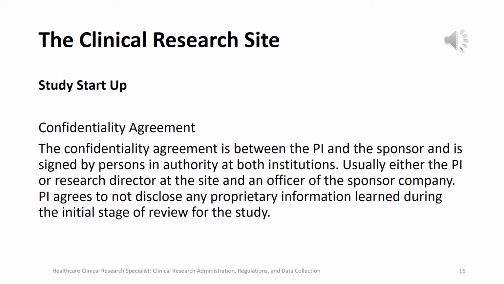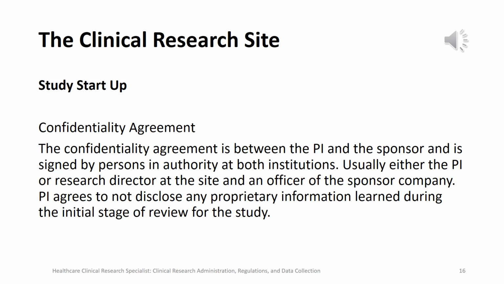So the first stage of our trial is going to be the study startup stage. And normally, in order to get that initiated, the first thing we're going to do is to send out a confidentiality agreement to a principal investigator, to a site. And the confidentiality agreement is between the PI and the sponsor, and is signed by persons in authority at both institutions.